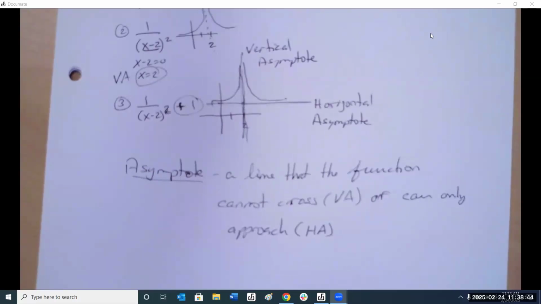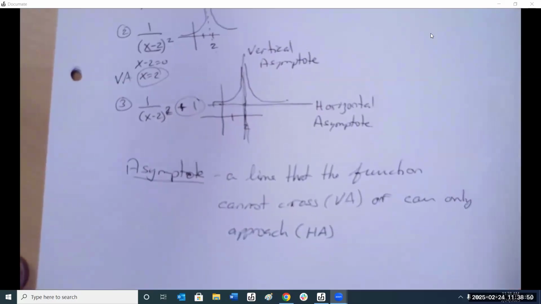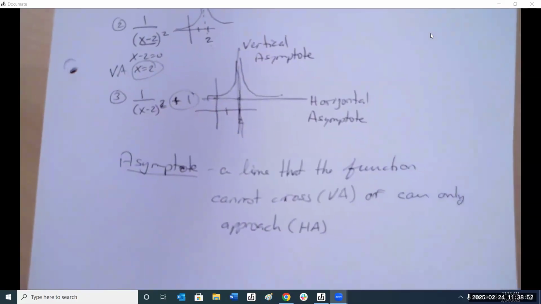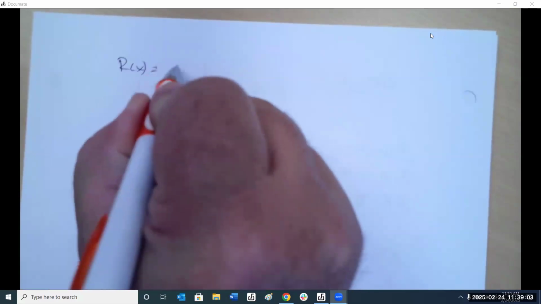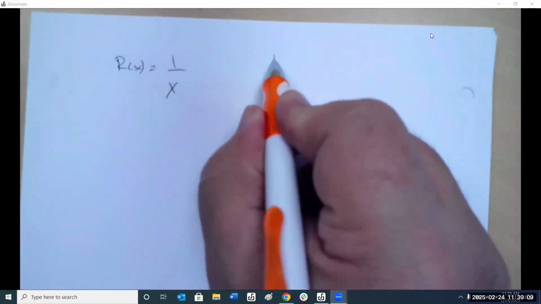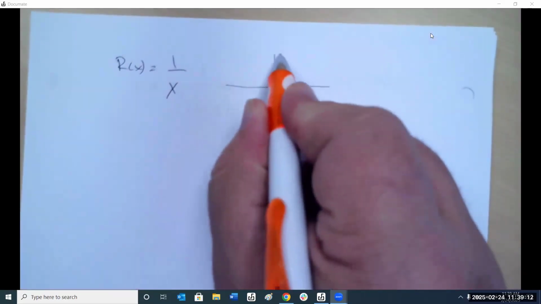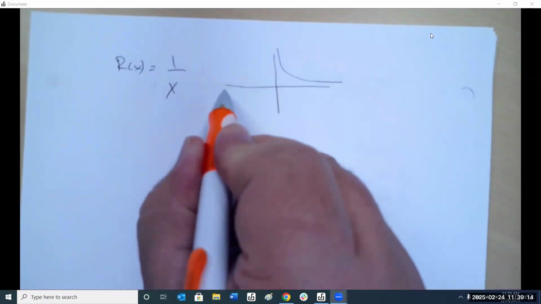So now let's look at how we find these things. Let's see how we find asymptotes, horizontal and vertical. We're going to look at the simple function 1 over x. We know the graph looks like this.